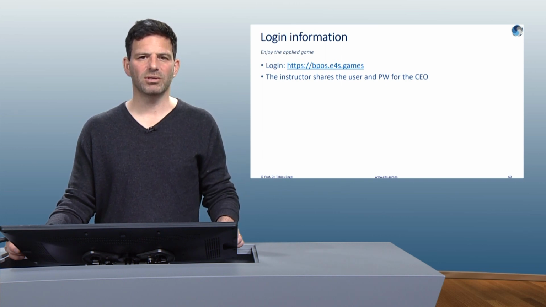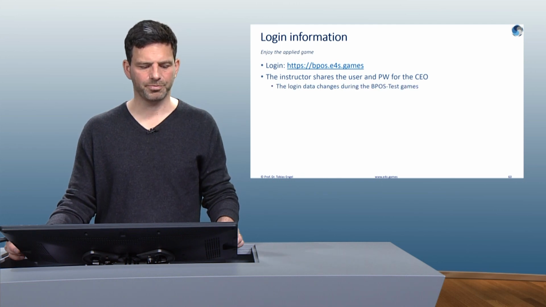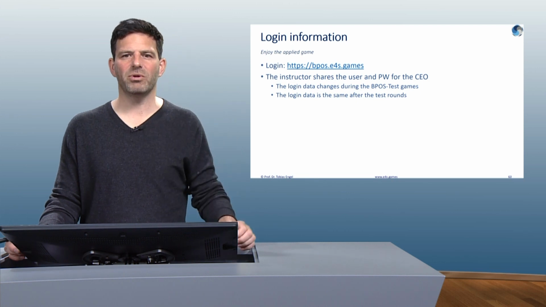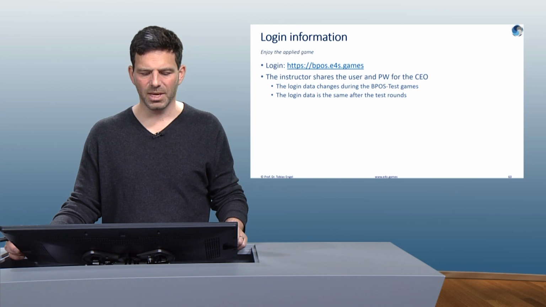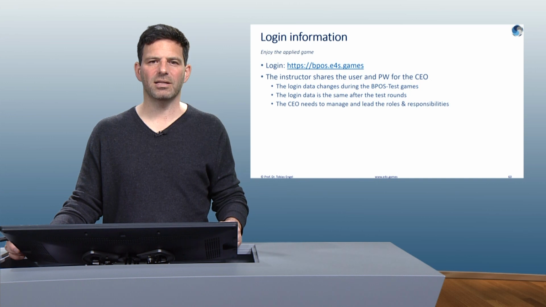This is going to result in new passwords for the source, make, and deliver function, and then the CEO can share this data. The login data changes during the test game, so we will always reset the games as we're going to play the test games. If we have the game days, the login data will not change anymore.